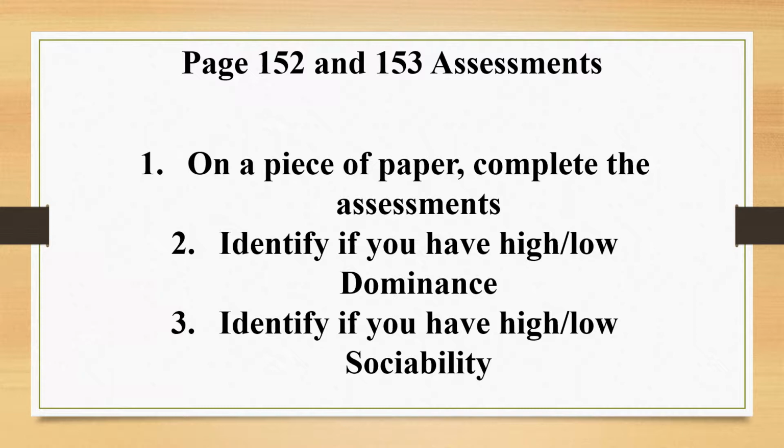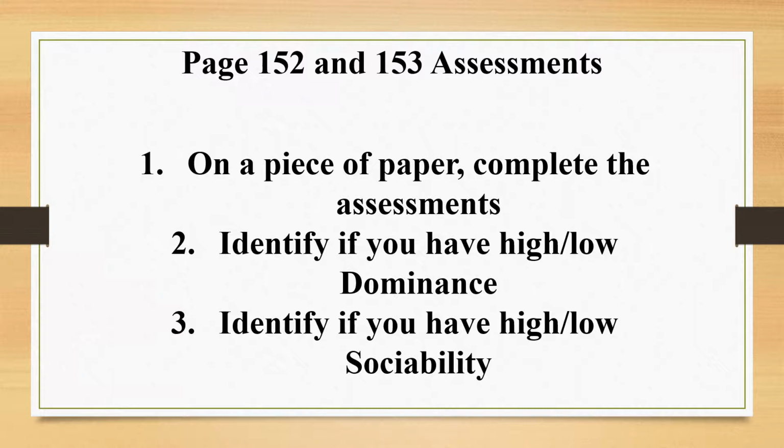And that will then tell you at the end whether you lean one way on dominance or the other, and same thing for sociability on page 153. So once you've completed the Exhibit 5 on page 152, then you'll identify if a lot of your check marks are on the left side of the center line, then you are less dominant.